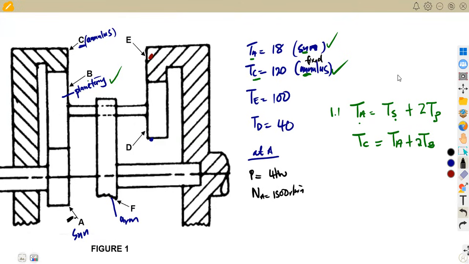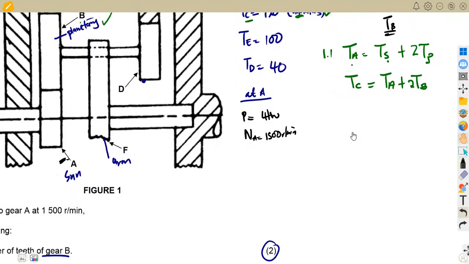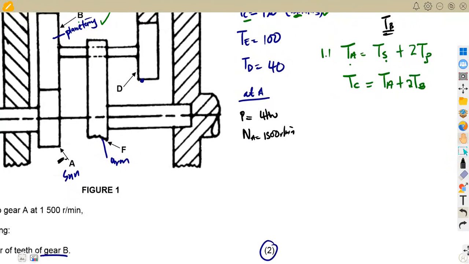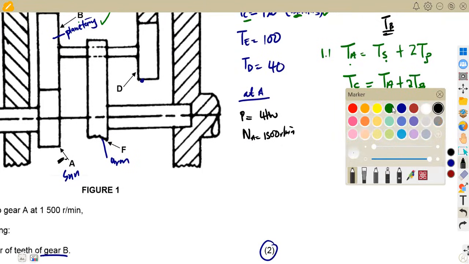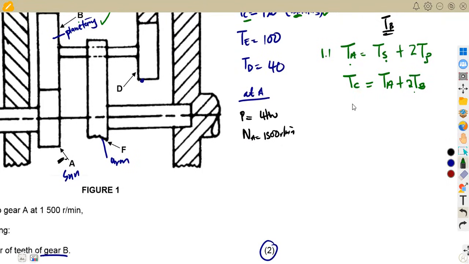We are asked to calculate the number of teeth on B, so we make TB the subject. We subtract TA from TC, then divide by 2.